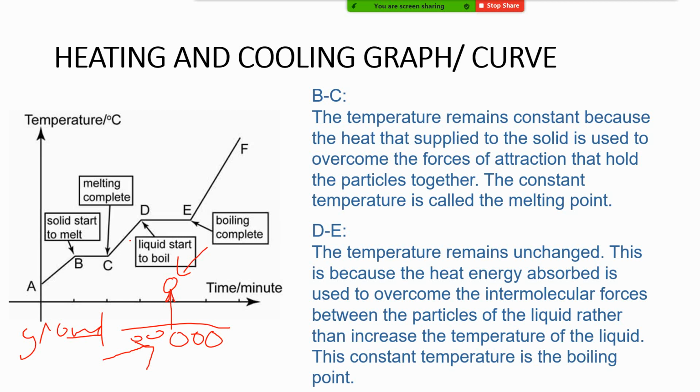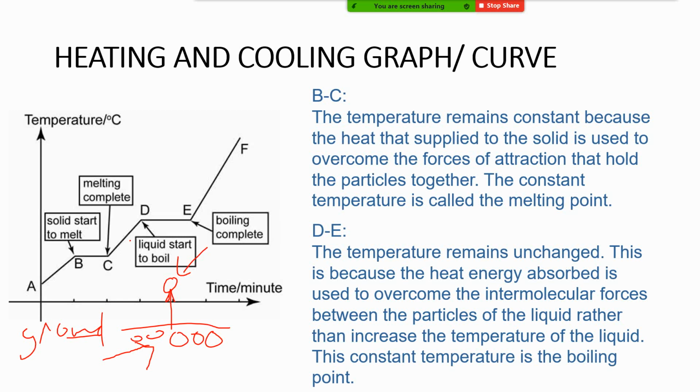But as soon as we go from D to E, you can see that the temperature is also remaining constant. It says here that this is because the energy absorbed is used to overcome the intermolecular forces between the particles of the liquid rather than increasing the temperature.